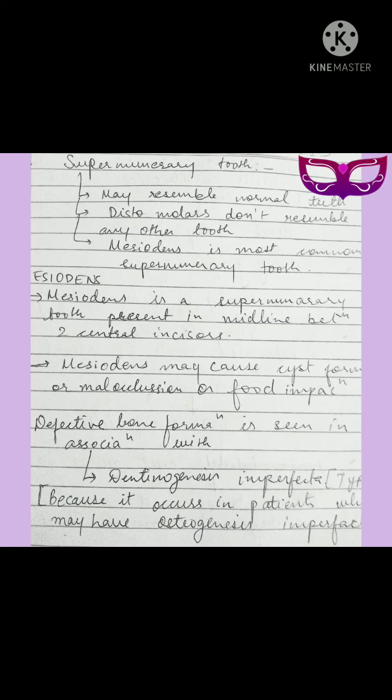So there is a defect in dentin as well as a defect in bone. Okay, so the answer will be dentinogenesis imperfecta. It is generally associated with defective bone formation in osteogenesis imperfecta. Okay, so you can correlate dentinogenesis and osteogenesis imperfecta together.